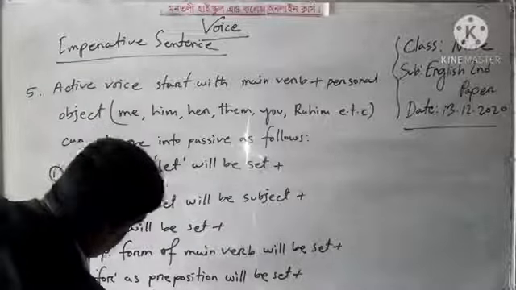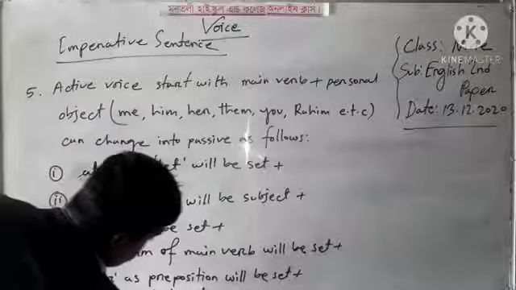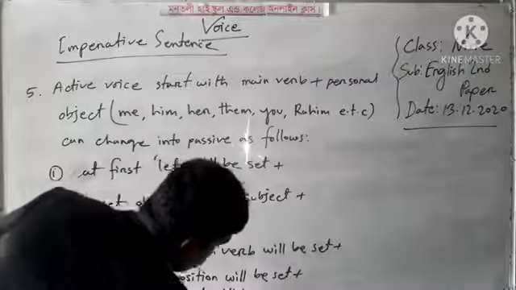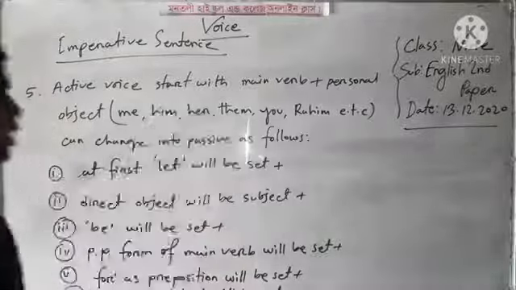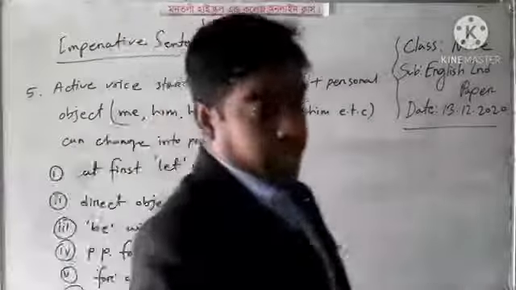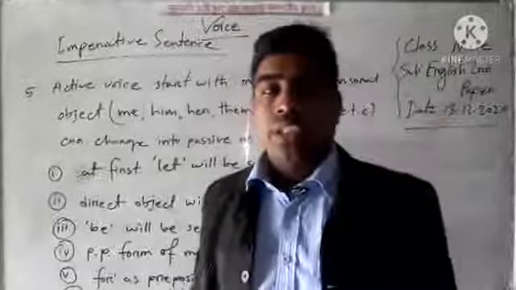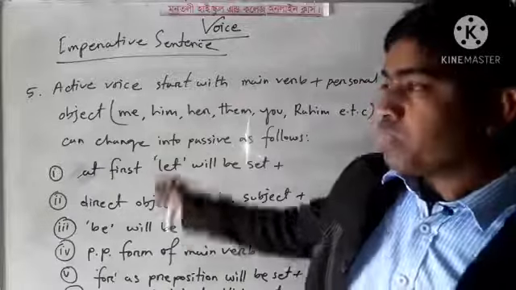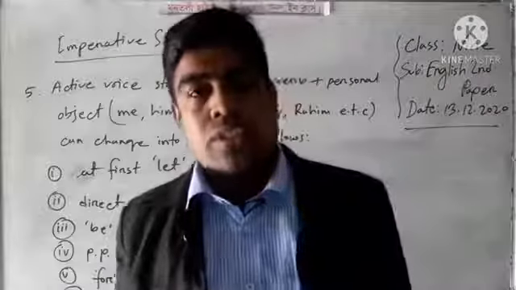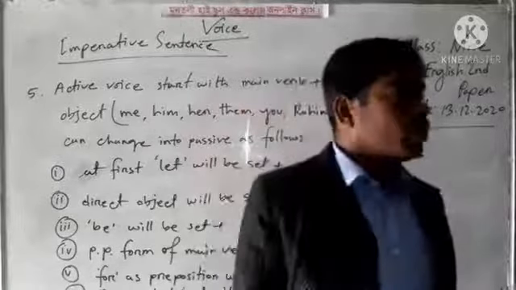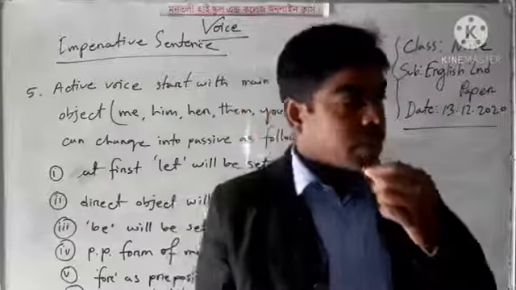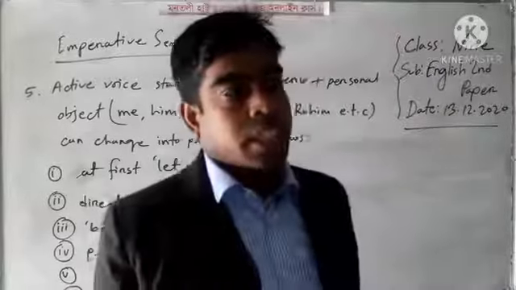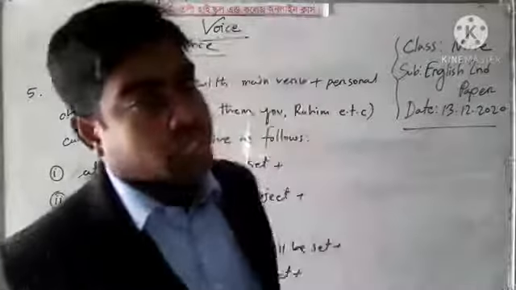At last the personal object will be set. So dear learners, I think you are somewhat clear how we can change the active voice which starts with main verb plus personal object. So let's go to the examples.